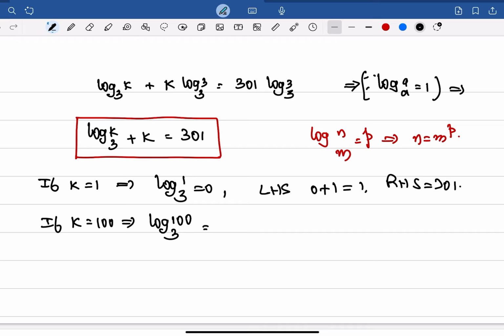That means 3 to the power of 4 and a little more, so p will be 4 plus, but less than 5. And if k is equal to 100, left hand side is 4 plus 100, which is 104 plus, and right hand side is equal to 301. Still, there is a far difference.